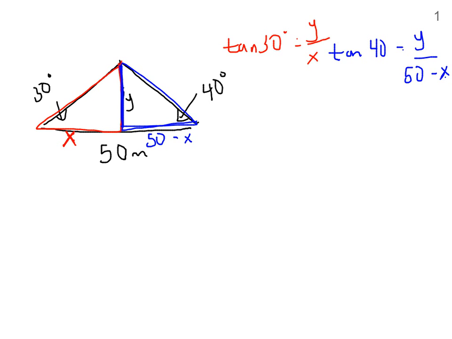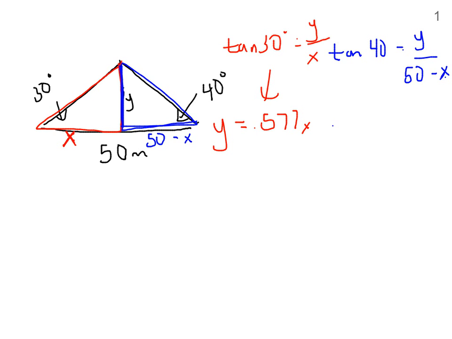With the red equation first, I put in the tan of 30 is 0.577. So according to this red equation, I have y equals 0.577x. I'm going to do the same thing for the blue equation. I plug in tan of 40, I get 0.839.